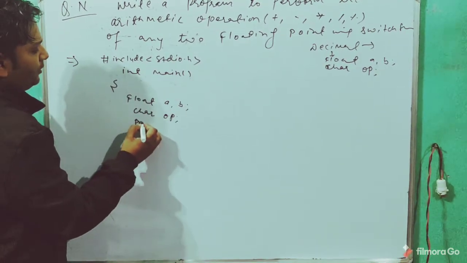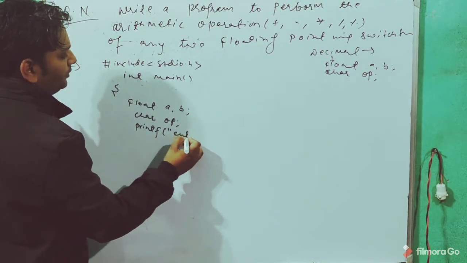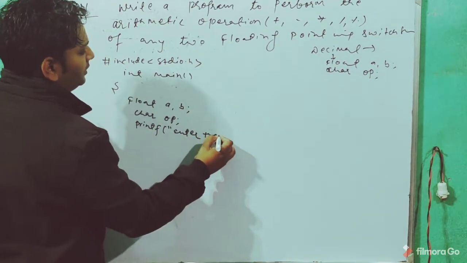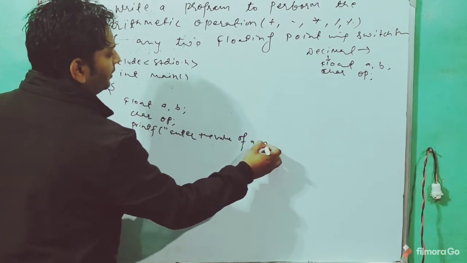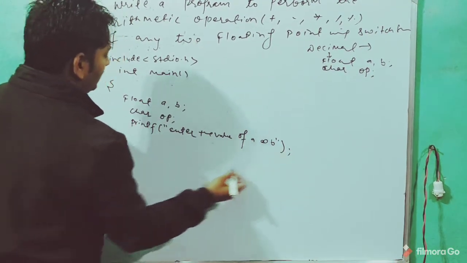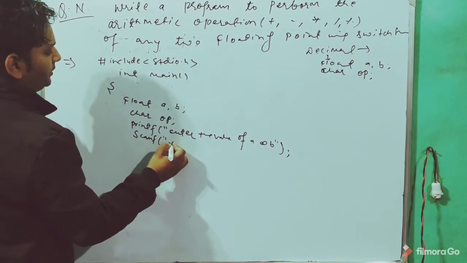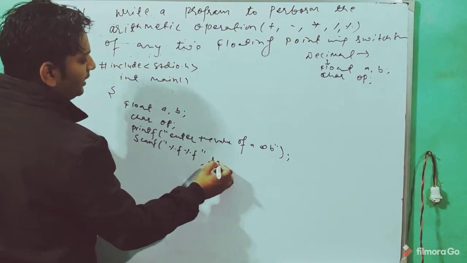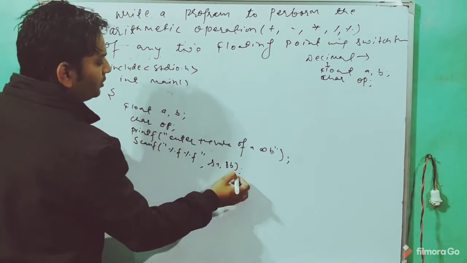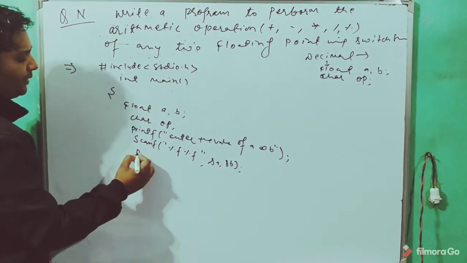So I am using printf: enter the value of a and b. Then we can use scanf. Since these are floats, I am using %f and a comma and b, so two values are given by the user. Then we have to give the operator value.